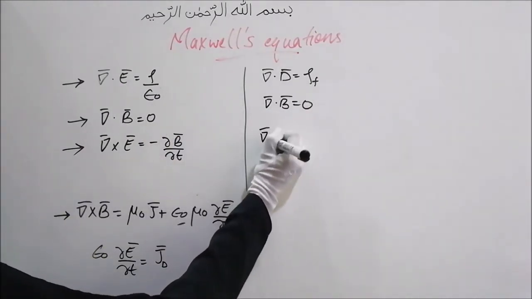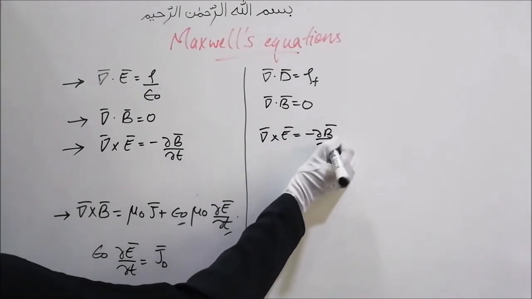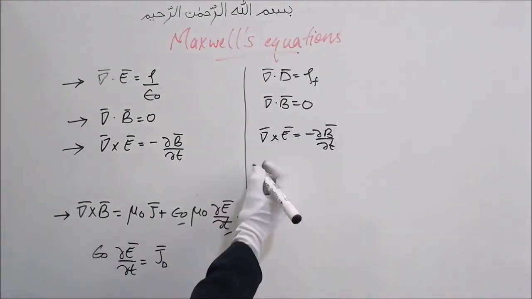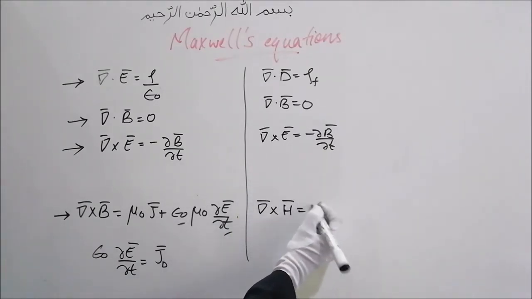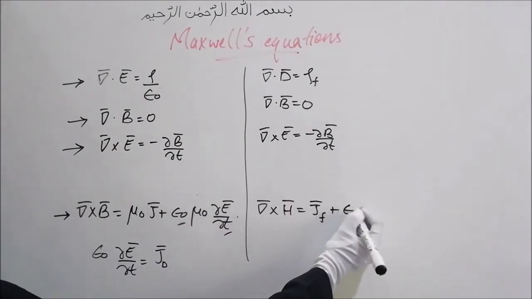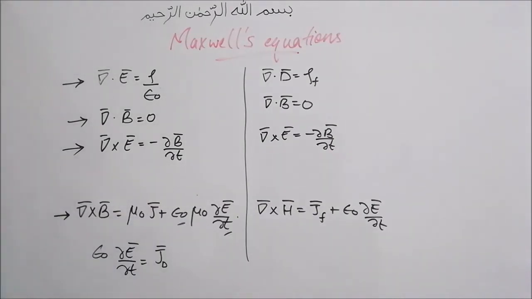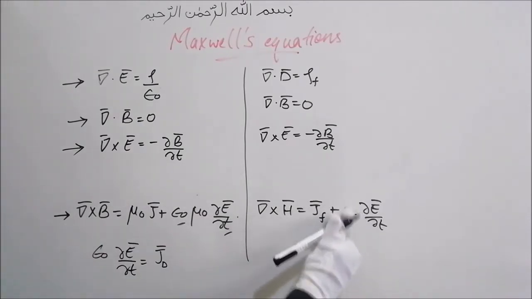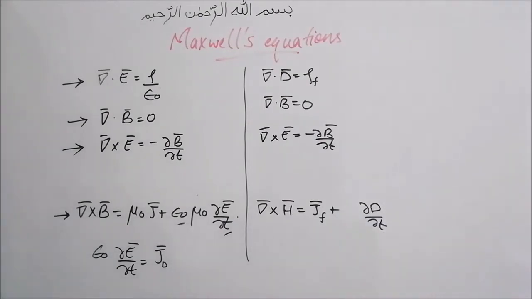This will be as it is, del bar cross E bar is equal to minus del B bar by del T. Here we can take mu naught down and we will have del bar cross H bar is equal to J free plus epsilon naught del E bar by del T, and this epsilon naught E is nothing but D. So this here we can write as del D by del T.